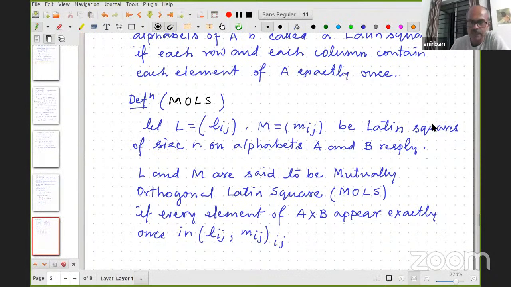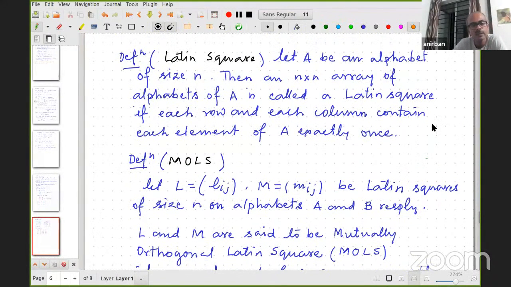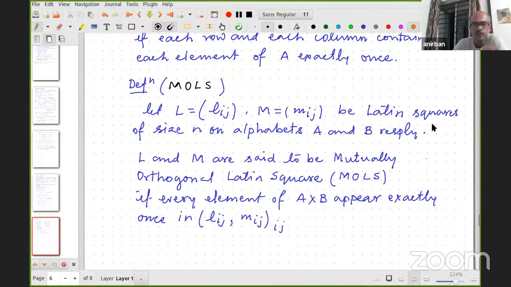They are Latin squares of size n on alphabets A and B. A and B are sets of cardinality n, some sets of symbols, which could be numbers or alphabets, as I just said. These two are Latin squares, so each row and each column contains each element exactly once.